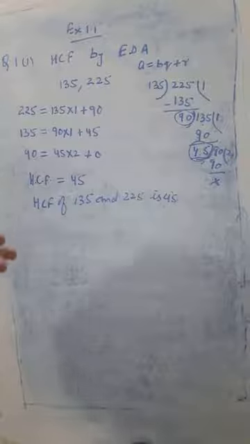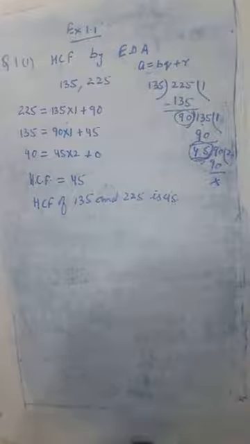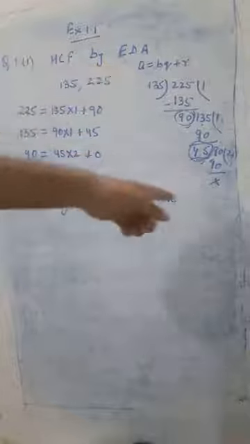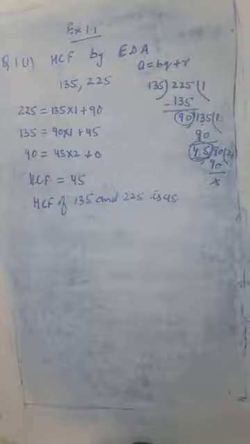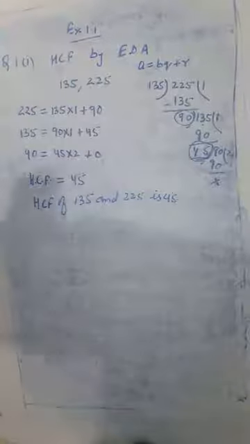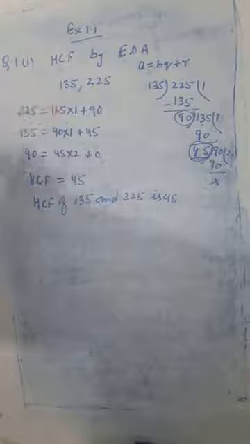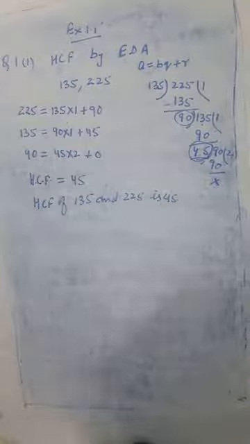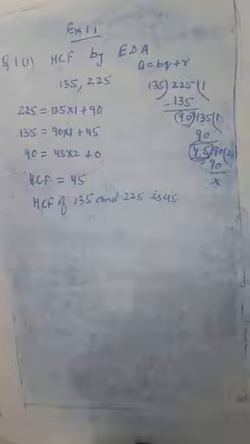So you have to follow these steps. And this is our traditional division, and this is the Euclid's division algorithm. Algorithm means a procedure, means steps. So HCF of 135 and 225 is 45.